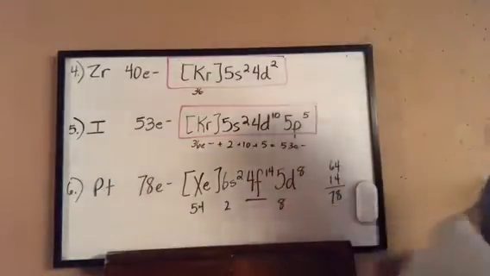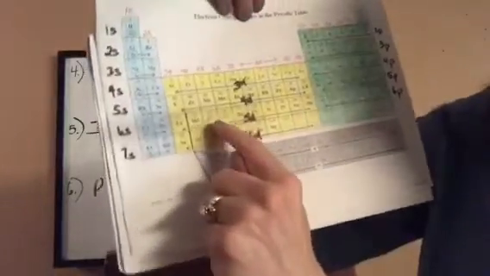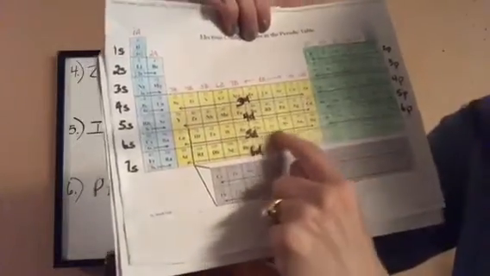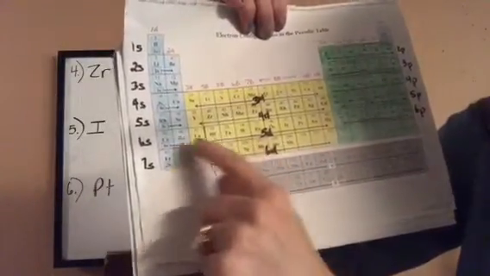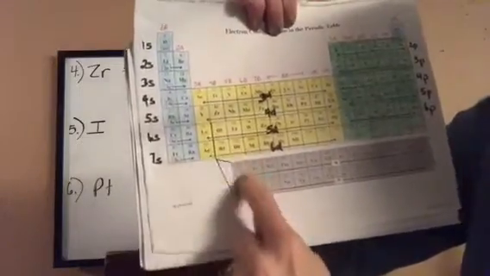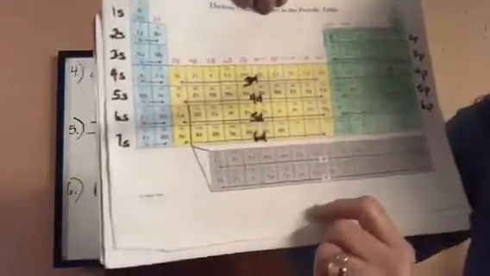Okay, so don't forget that when you are looking at the transition metals in period 6 and 7, you need to account for the lanthanides and actinides as part of that configuration.